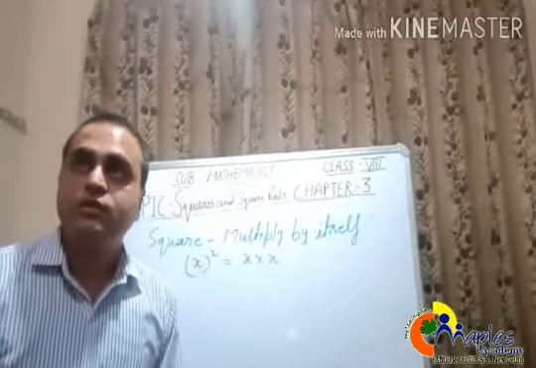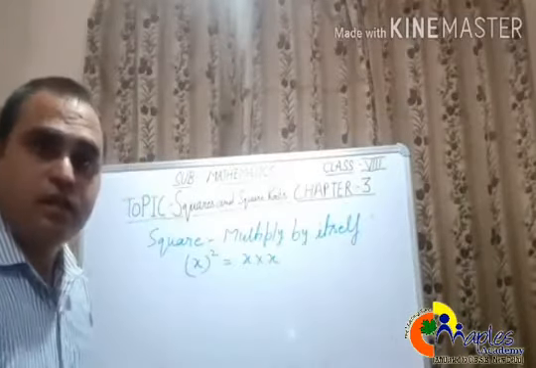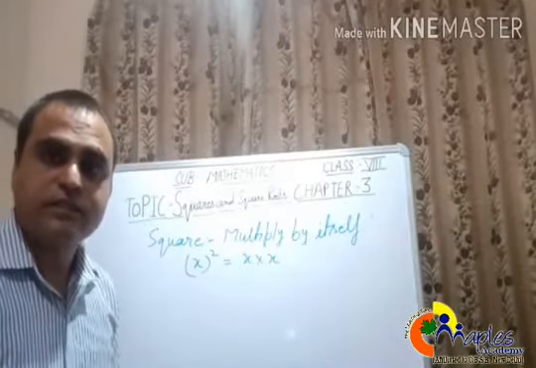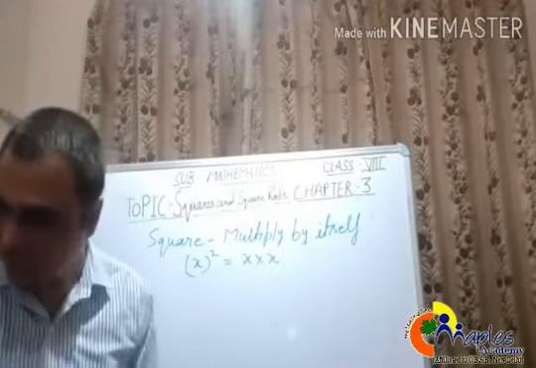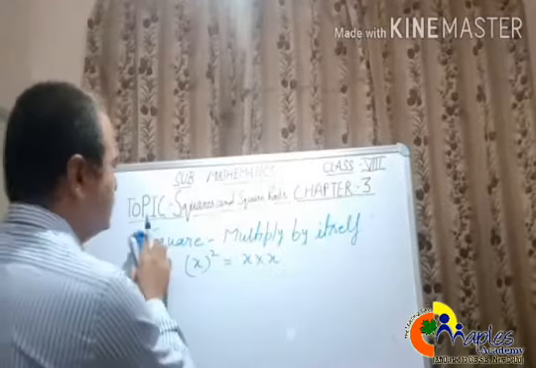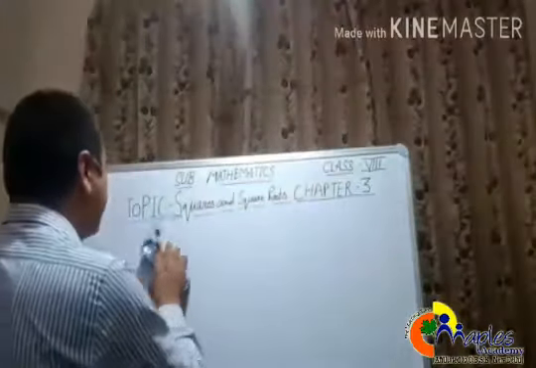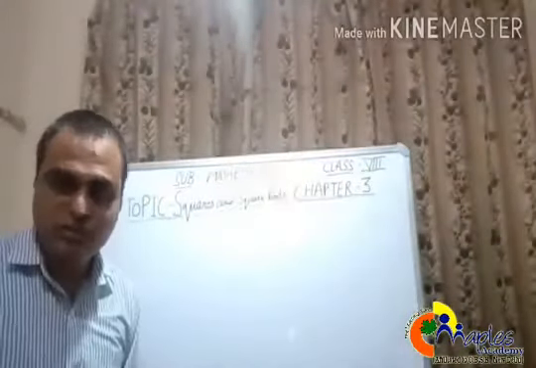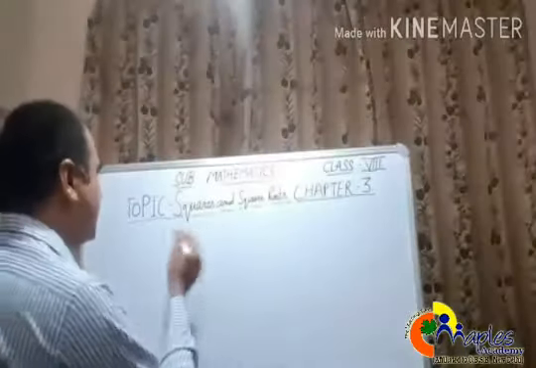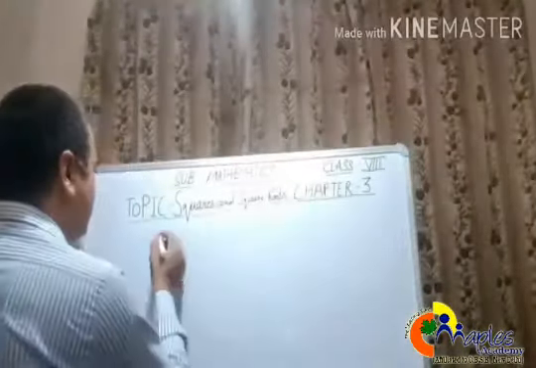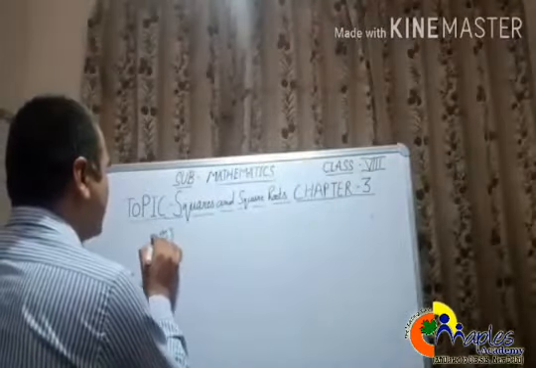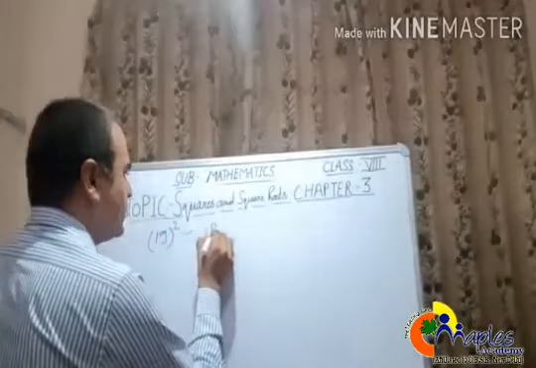Now in this session we understand some identities which are related to squares. If I have to find the difference of two consecutive squares, let us suppose we have to find the difference 19 square minus 18 square.